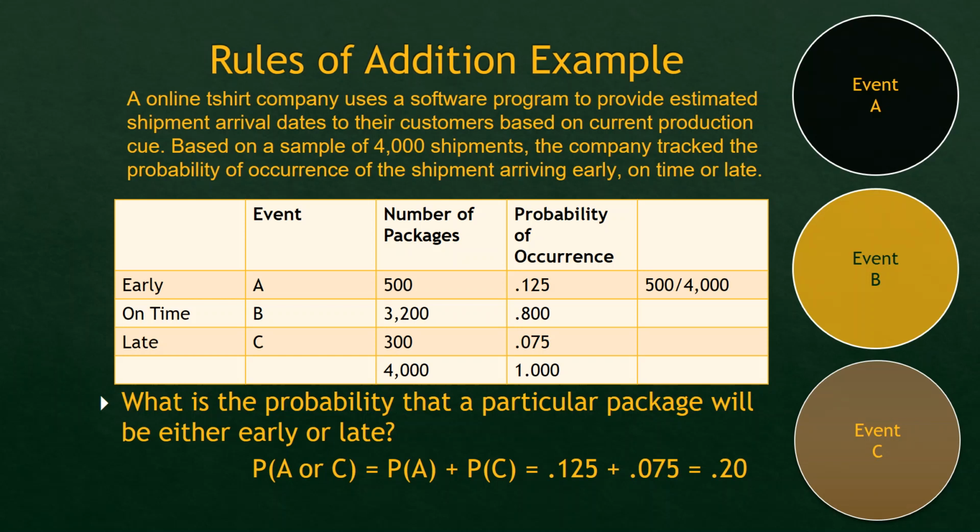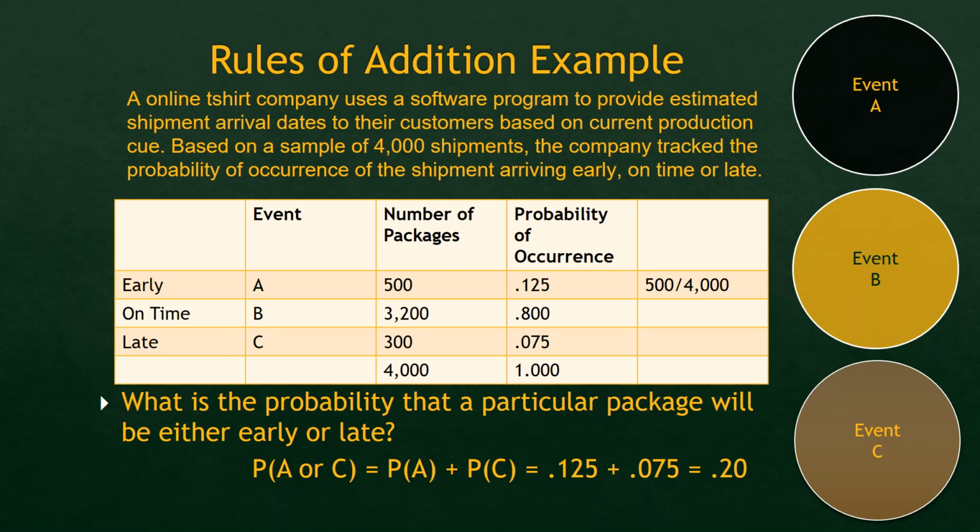Okay, so the shipments that arrived early is event A, and the number of packages that arrived early was 500. The number of packages that arrived on time is event B, and that's 3,200. The packages that arrived late was 300, and so that gives you the distribution. Okay, 500, 3,200, and 300.